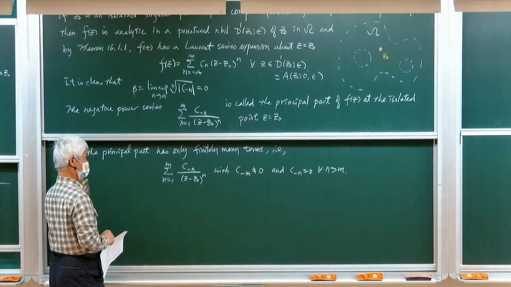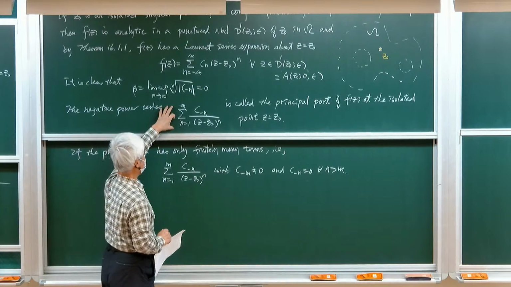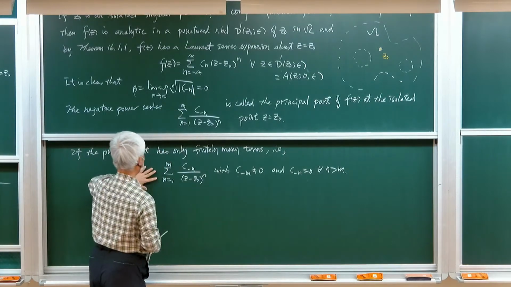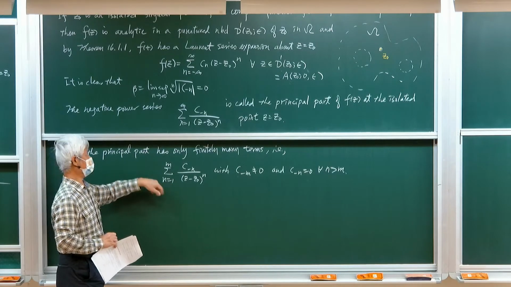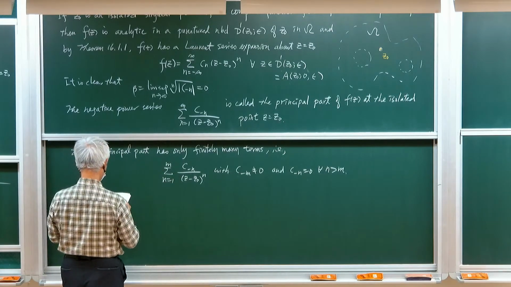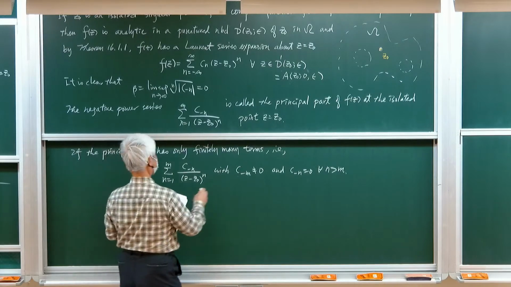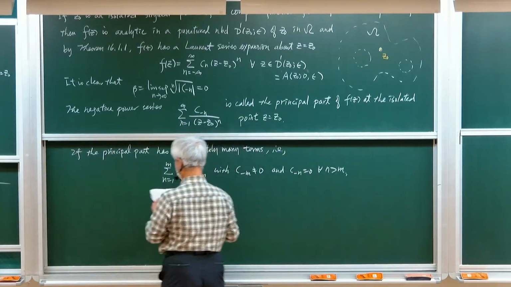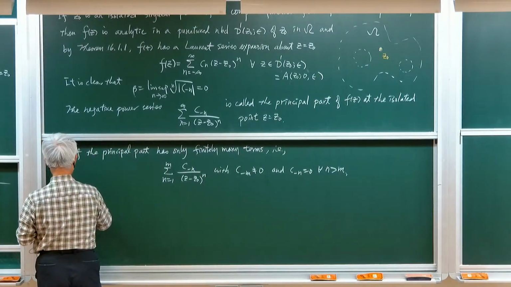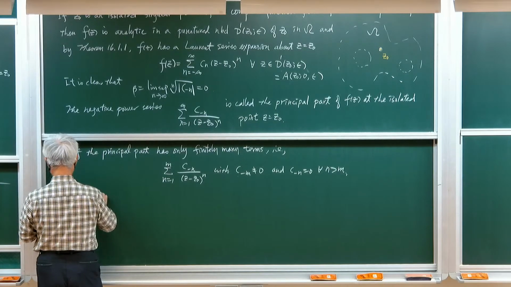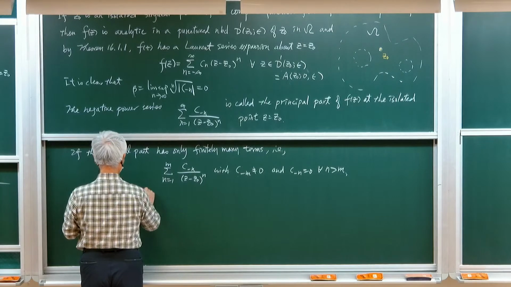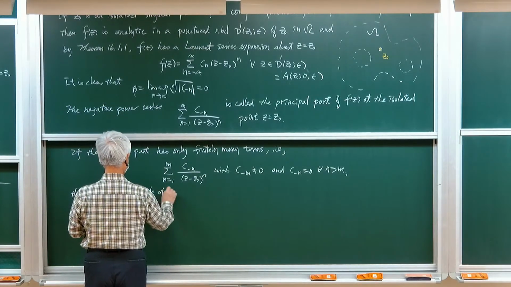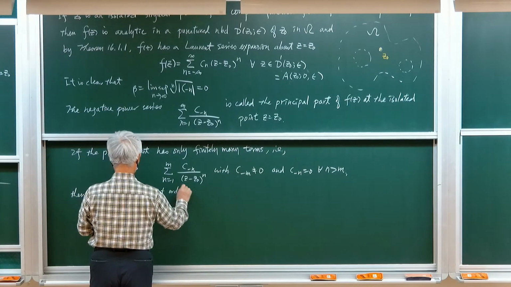So the principal part becomes a sum of finitely many terms here. Now in this case, z sub 0 is called a pole of order m.